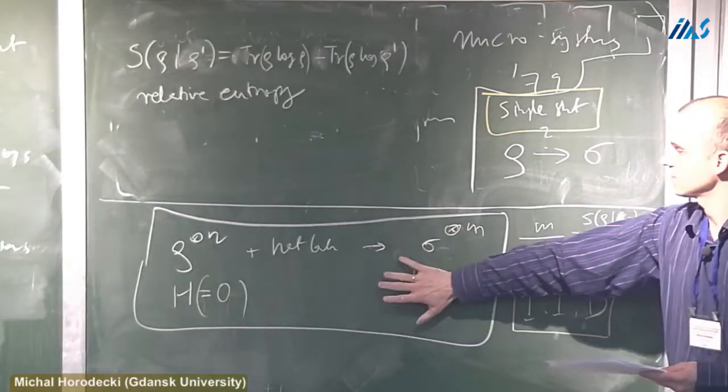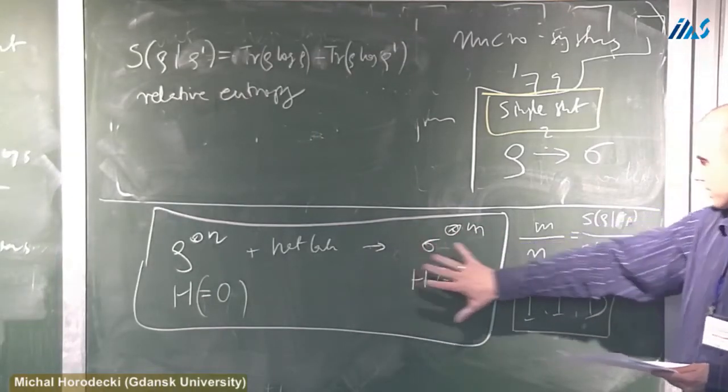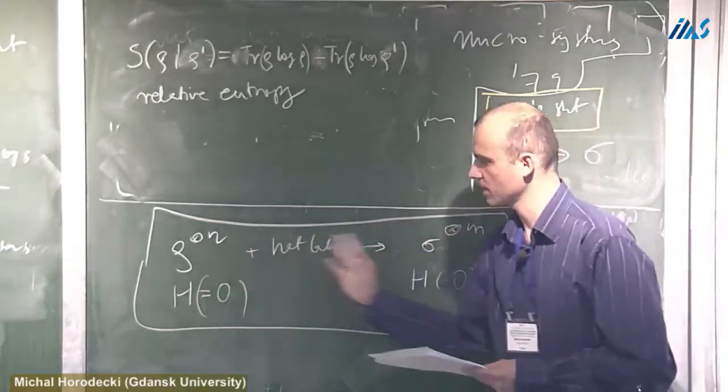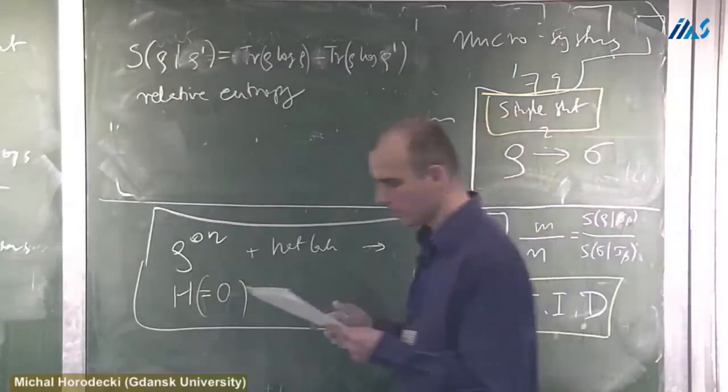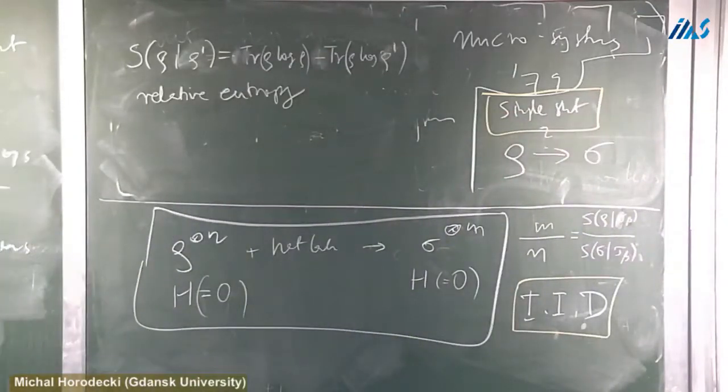That was a warm-up, but still no work here. It is just about state-to-state transformation. So there was still a problem of how to really have work in a resource theory.